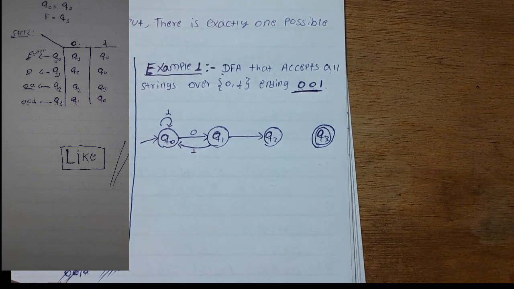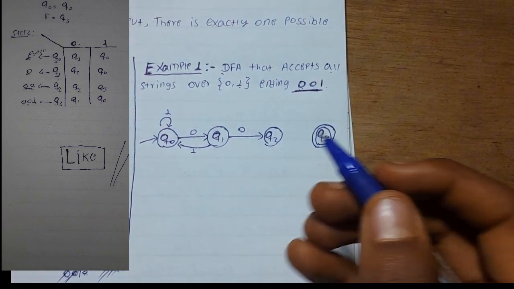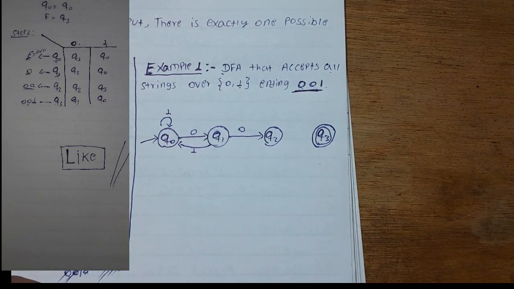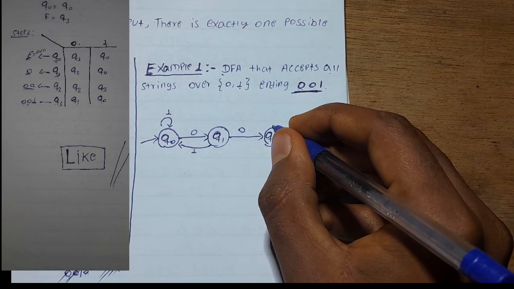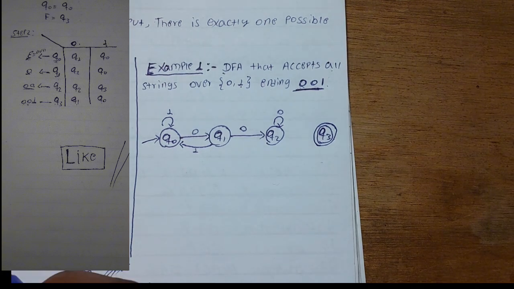So when q2 gets the input 0, it goes to itself, and when getting the input 1 goes to q3.